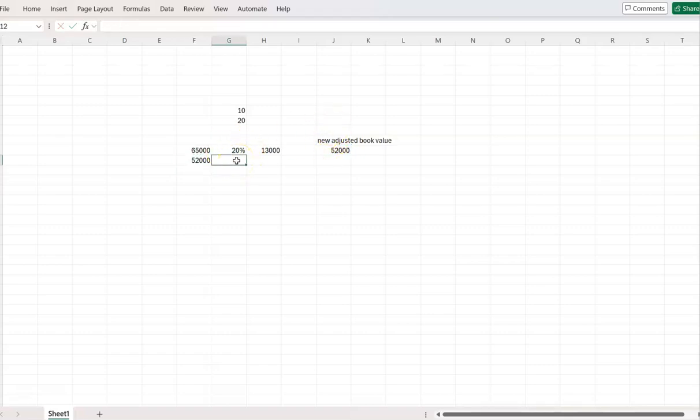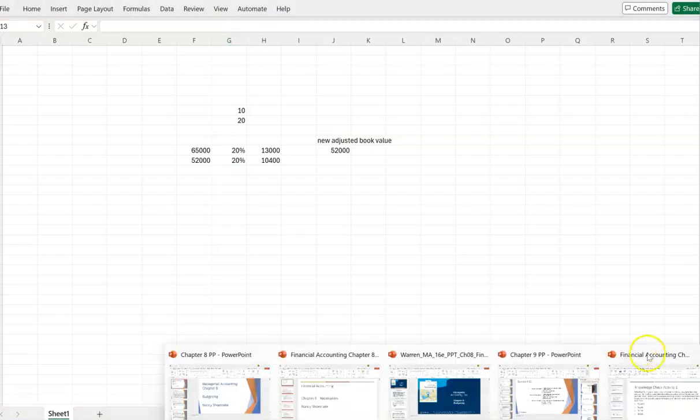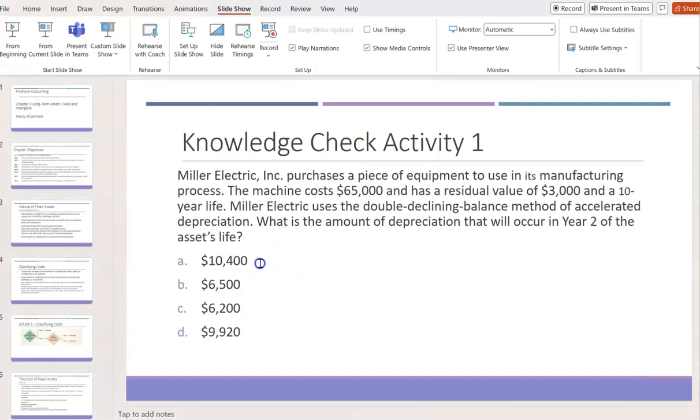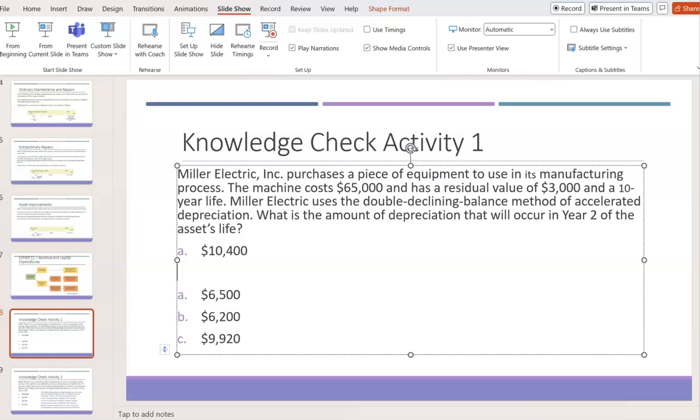That times 20% in year 2 would be what? 52,000. Wouldn't it be 10.4? Do you agree with me? Is it making sense? Let's see if we're right. 10.4? Oops.